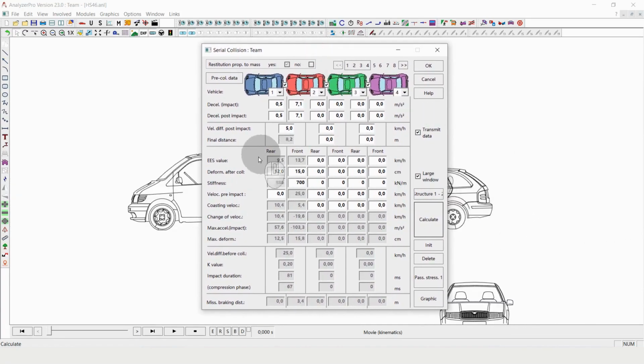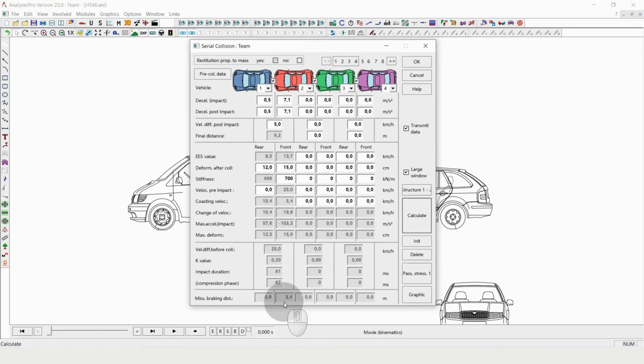What happens now is we get the ES values, we get the final distance, we get the stiffness of the other car, we get the pre-impact velocity, run-out velocity, change of velocity, and so on. We get velocity difference before collision, we get the K value, impact duration, how long the compression phase is, and the missing braking distance.